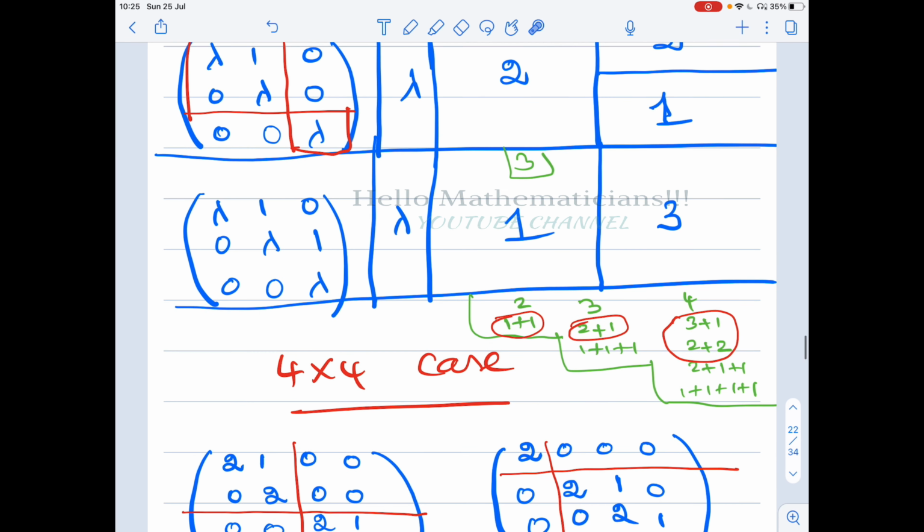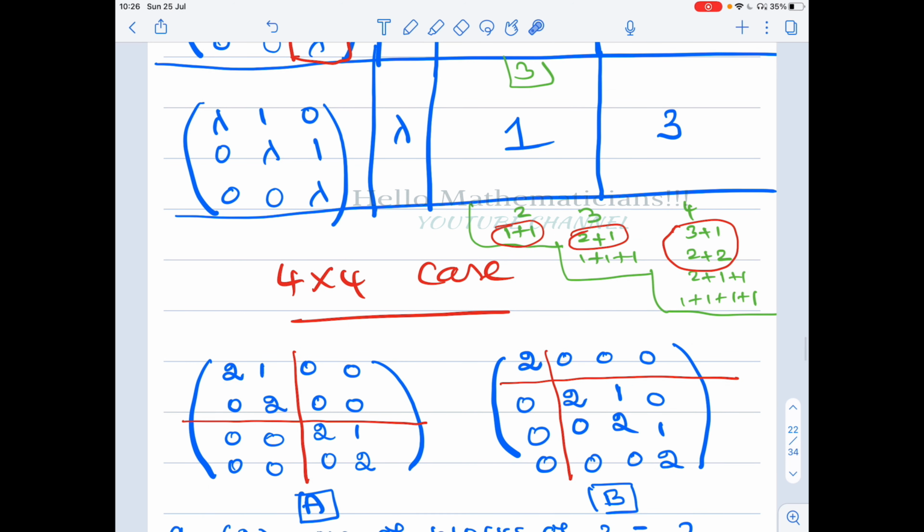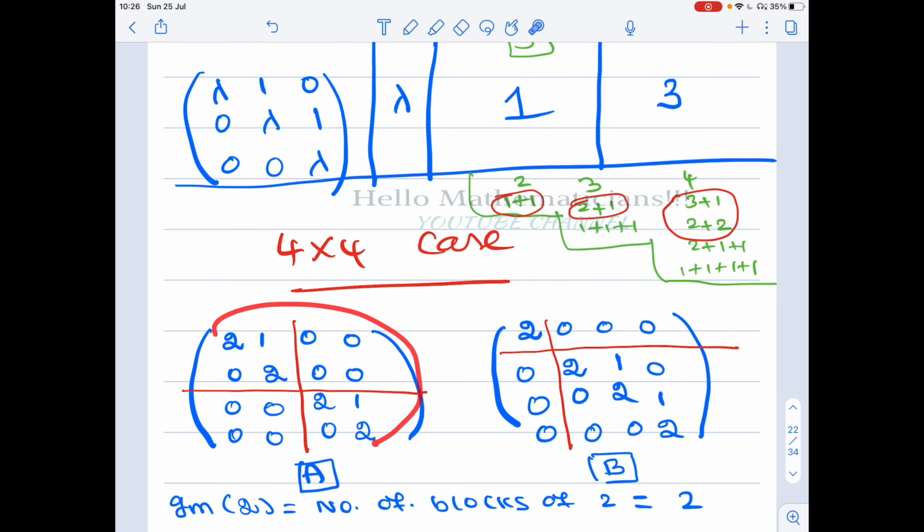So to a Jordan matrix you can naturally associate a partition. In that partition, the number of parts is the geometric multiplicity. Since the number 4 has two partitions with two parts, this matrix has geometric multiplicity 2 for the eigenvalue 2, and this matrix also has geometric multiplicity 2 for the eigenvalue 2.